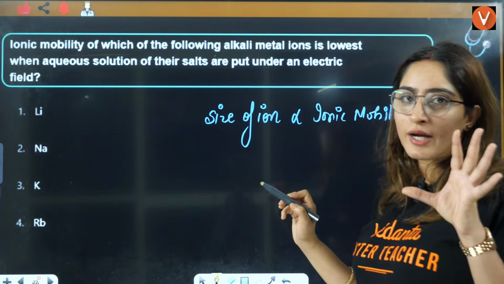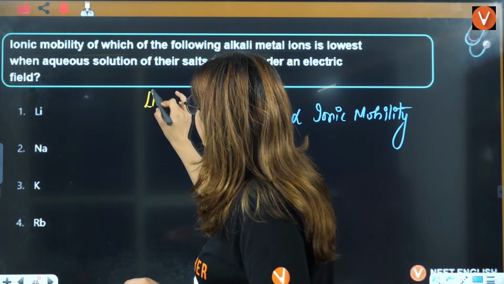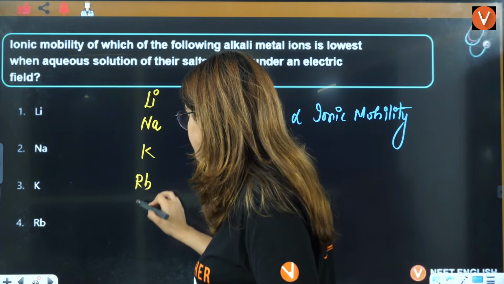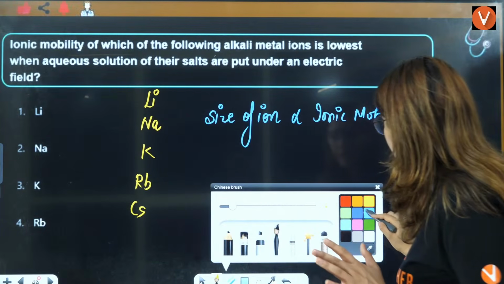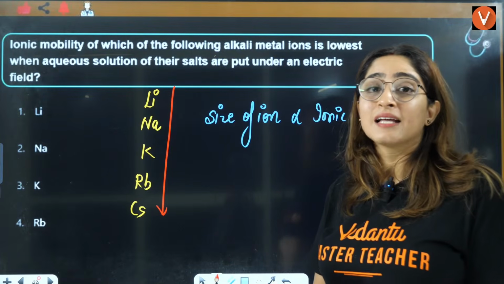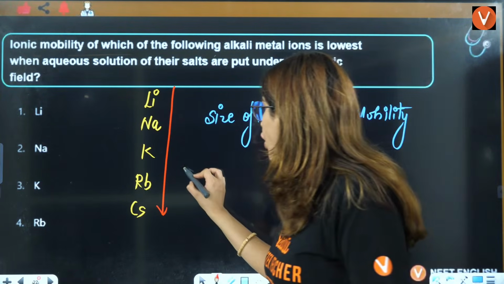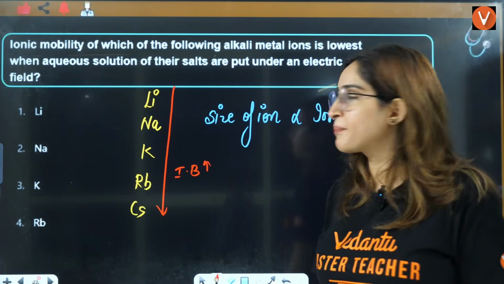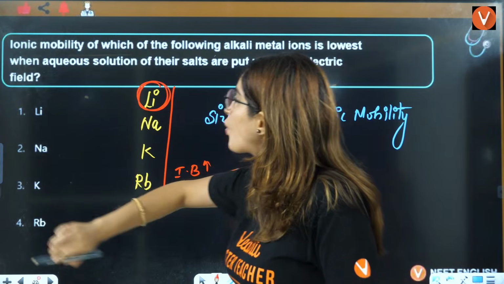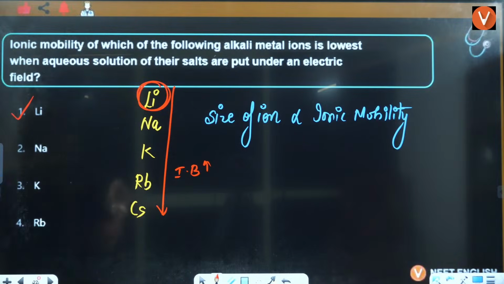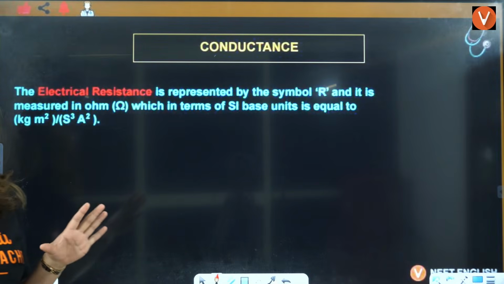From periodic classification, this is group number 1: lithium, sodium, potassium, rubidium, cesium, francium, which you don't have to know. Down the group, size increases, so ionic mobility will also increase down the group. That means this will have the lowest ionic mobility. The answer is going to be A, the correct answer here.